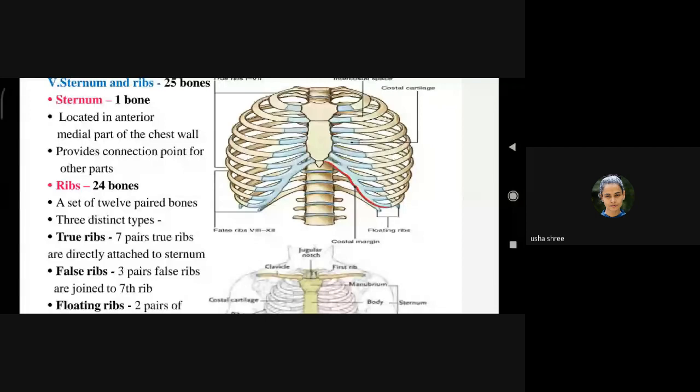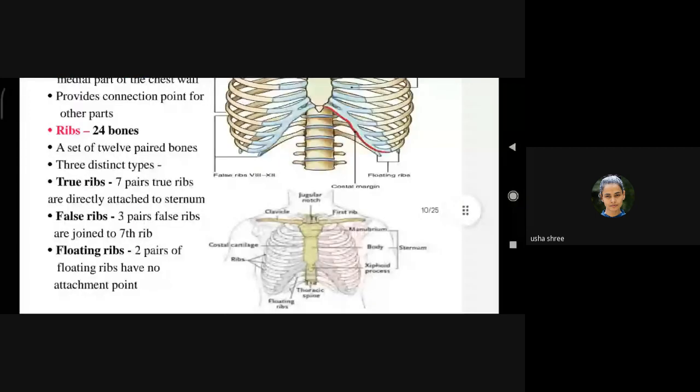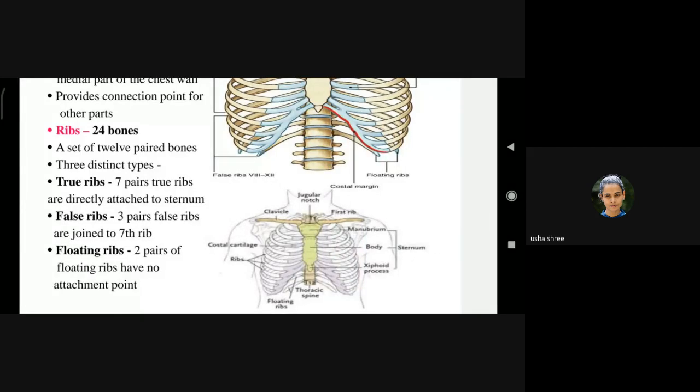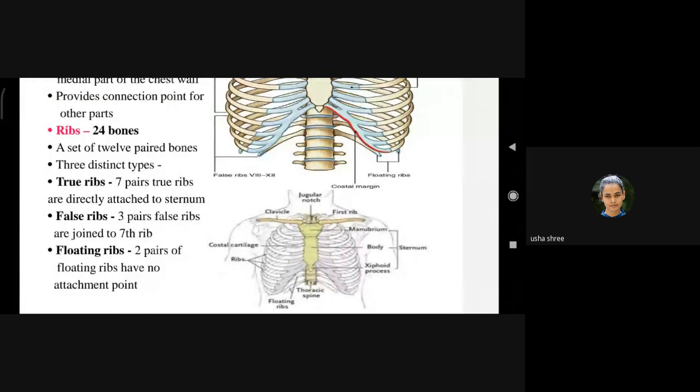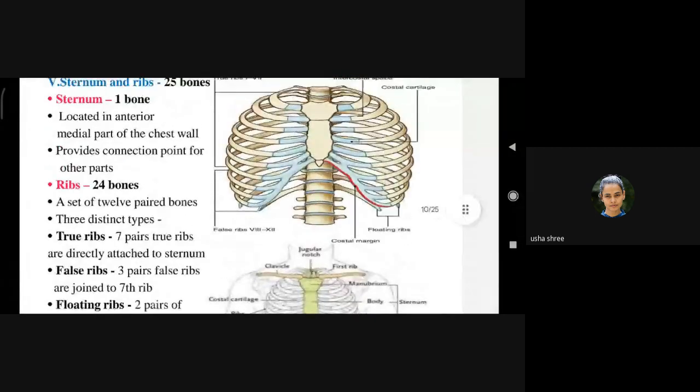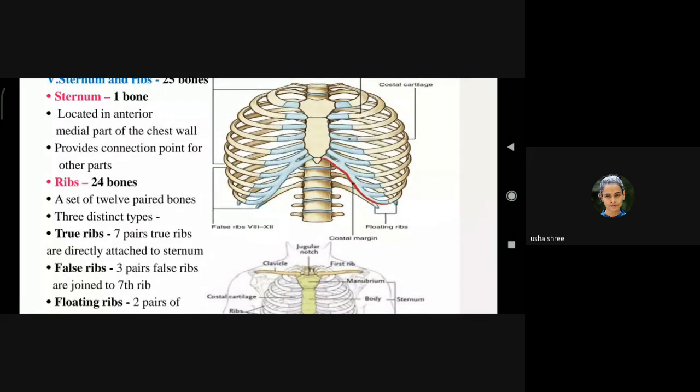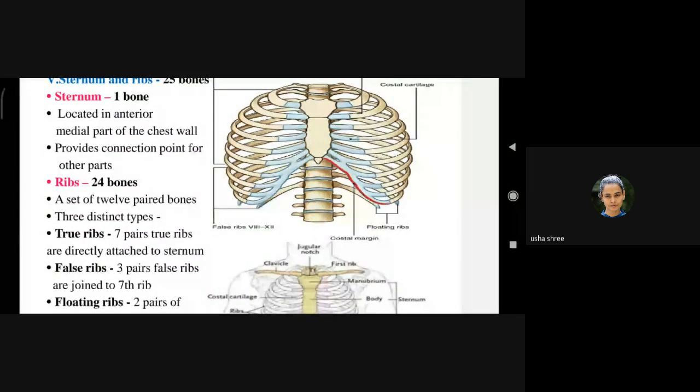These ribs are divided into three distinct types. First are true ribs. True ribs are 7 in pair, directly attached to the sternum. You can see here, those ribs which are directly attached to the sternum are 7 in number.